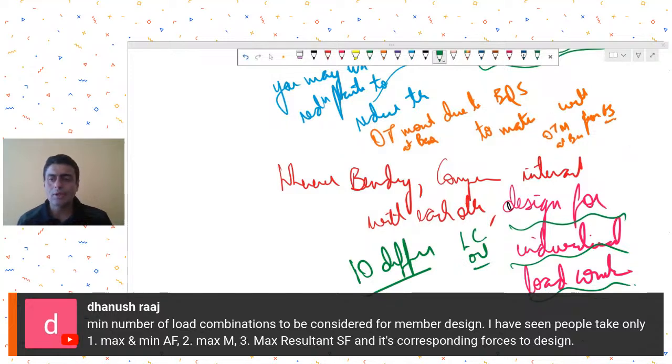In an RCC beam, the design for shear is not interacting with the design for bending. In that case, you may use the enveloping values. But wherever there is interaction between individual forces, you should not use the envelope procedure. You should use the individual load combinations for design. Is that clear?